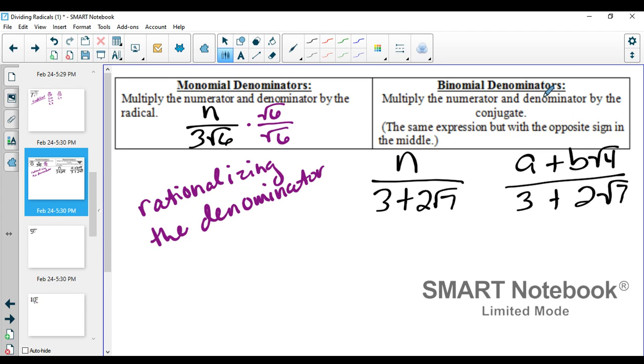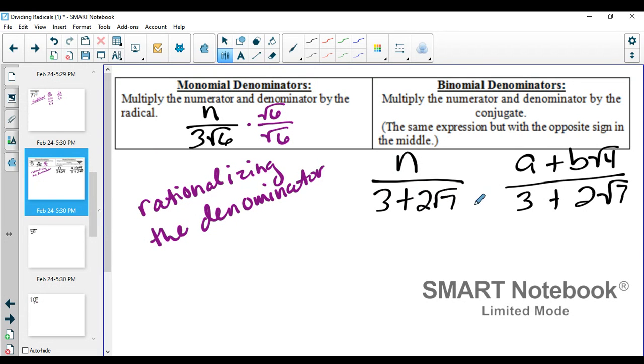If you have a binomial denominator, so in this case, this 3 plus 2 square root of 7, we multiply the numerator and the denominator by what is called the conjugate, and it's the same expression except with the opposite sign in the middle.